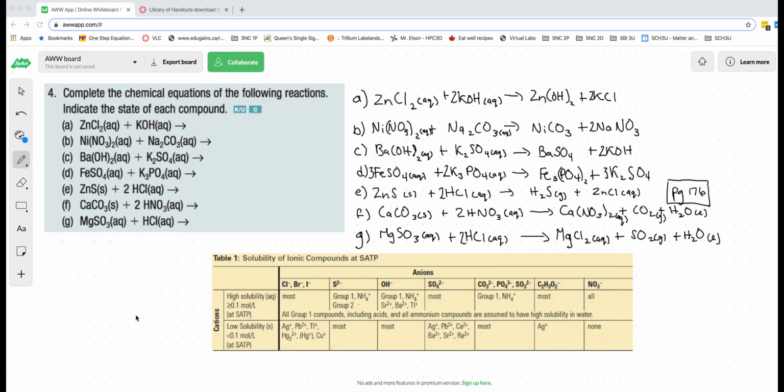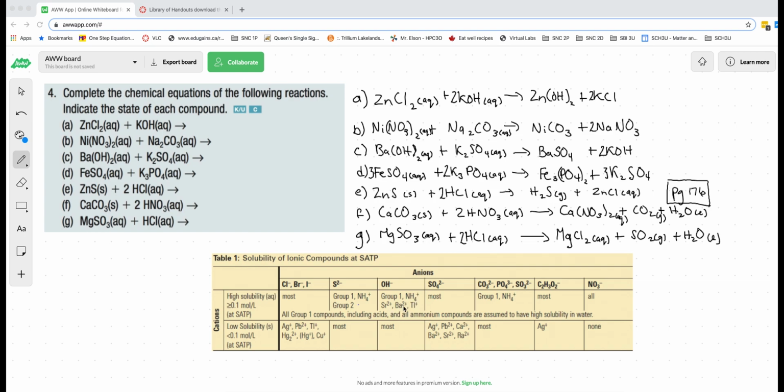We predicted the products for each of those. So again, we're just switching dance partners. For A, zinc will switch with potassium, so it becomes zinc hydroxide and potassium chloride, and you can go over how to predict those ionic compounds with the crisscross rule. So then from there, you just have to predict the states. So I have to find hydroxide with the anions, and then figure out if zinc is in group 1.